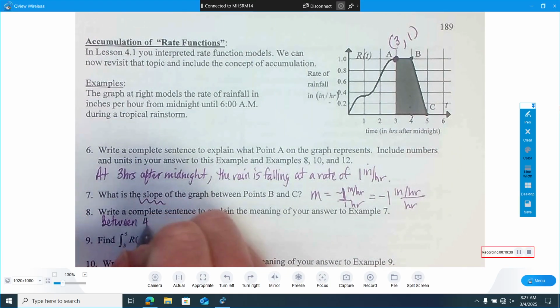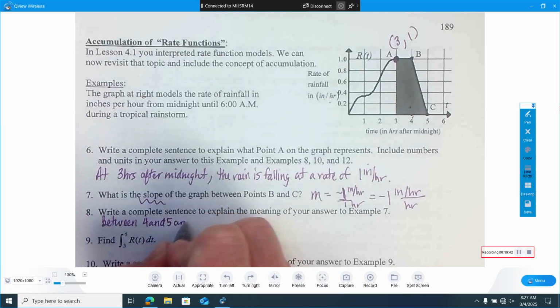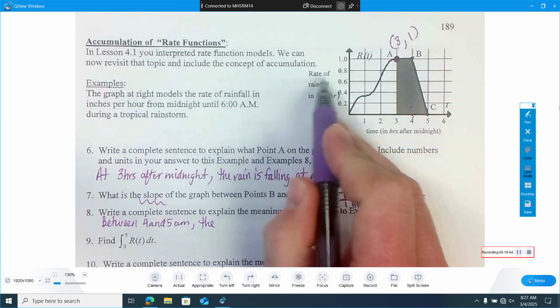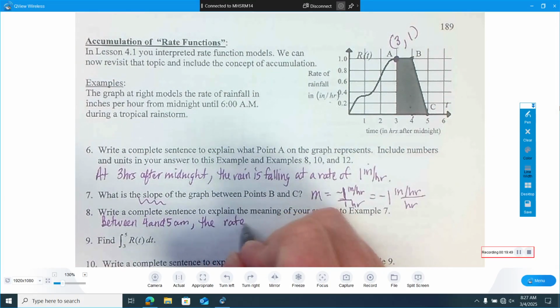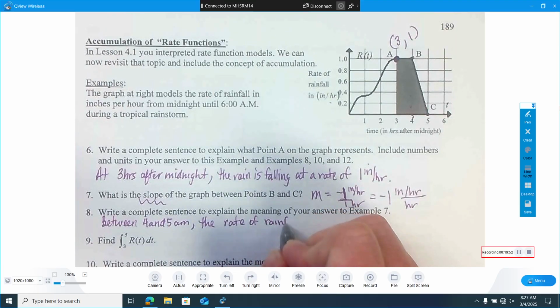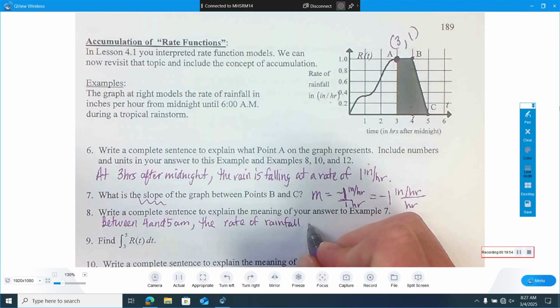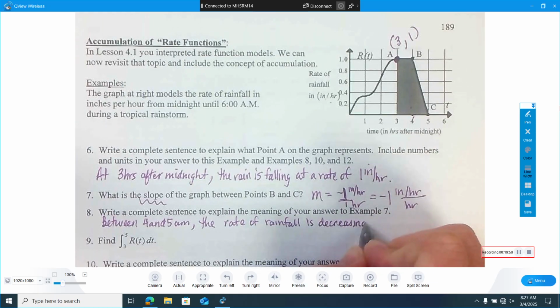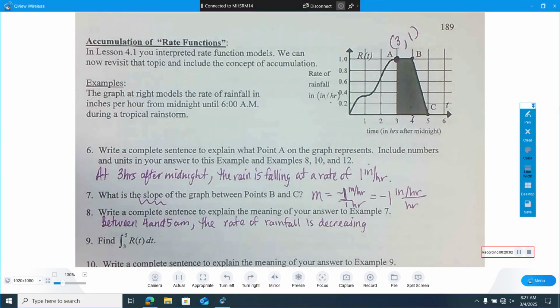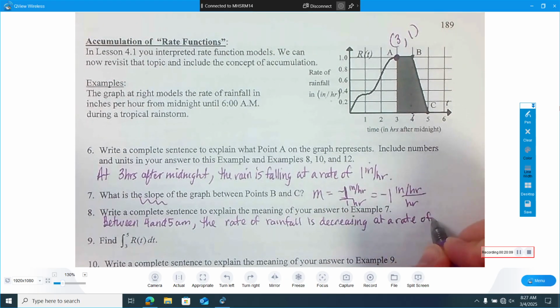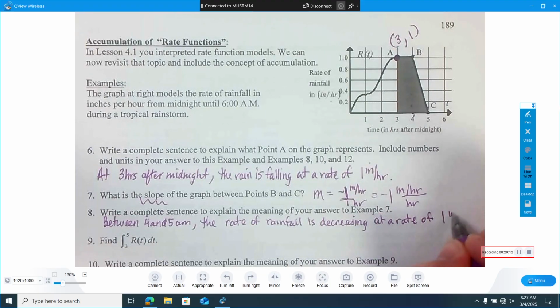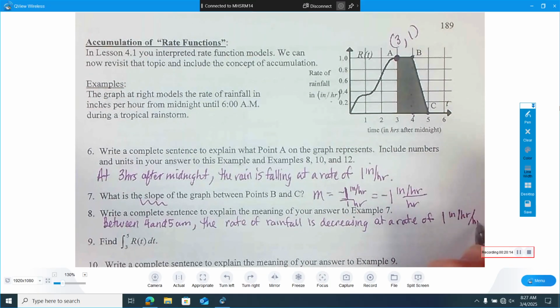Between 4 and 5 a.m., the rate of rainfall is decreasing at a rate of 1 inch per hour per hour.